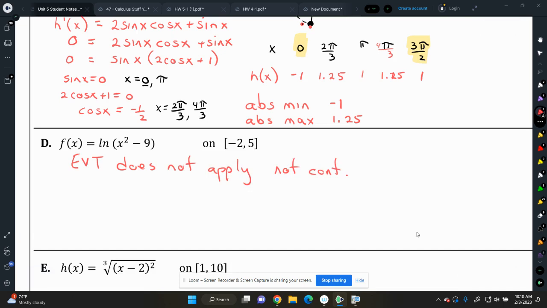Where is it not continuous? Let's say -2, -1, 0, 1, 2. It's not going to be continuous on -2 to 3. You can't take the natural log of 0 either. The natural log of 1 is 0. Right, it is not continuous.